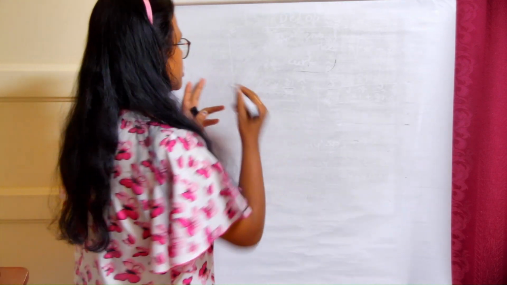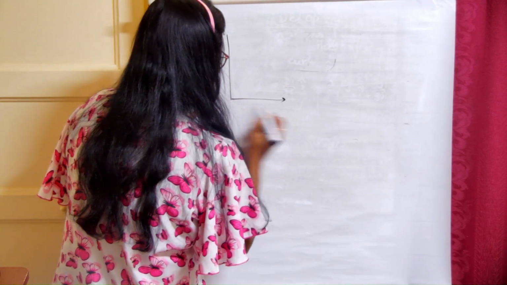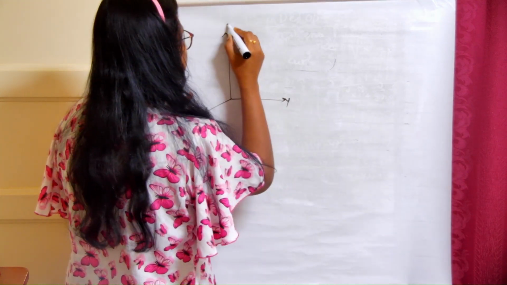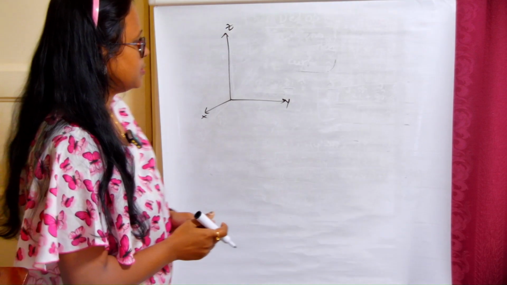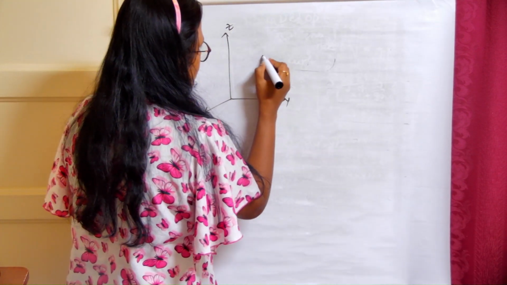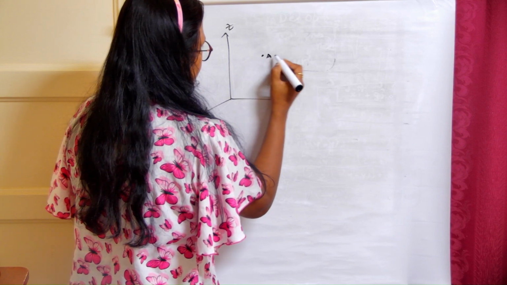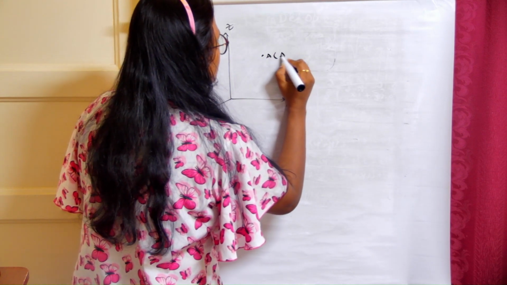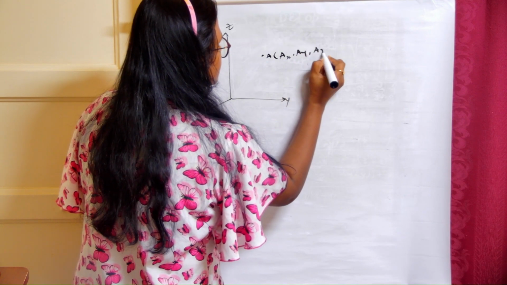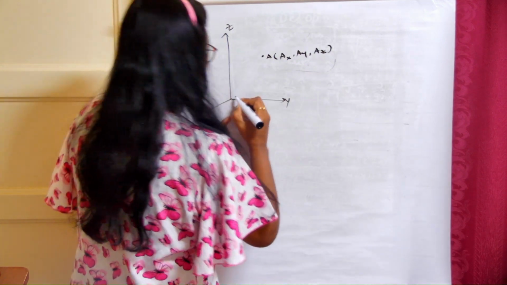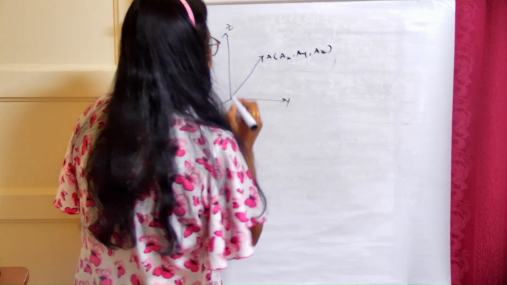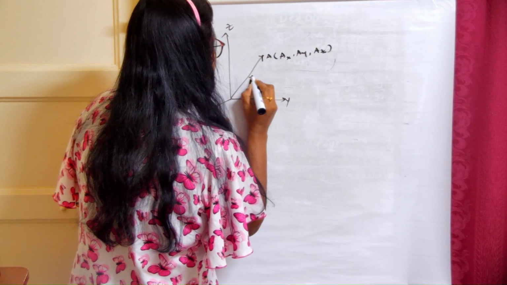Let us take a three-dimensional Cartesian coordinate system labeled with x, y, and z, and say for example we have a point A with coordinates ax, ay, and az, and we love to call the position vector as A bar.